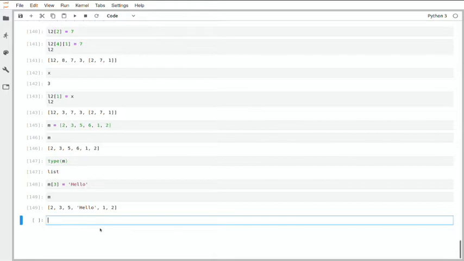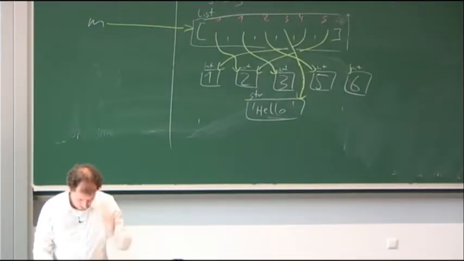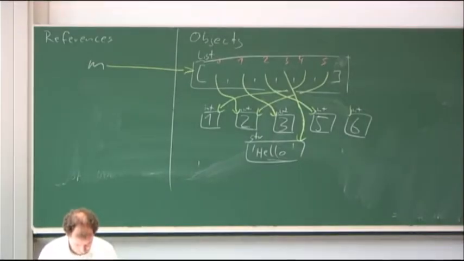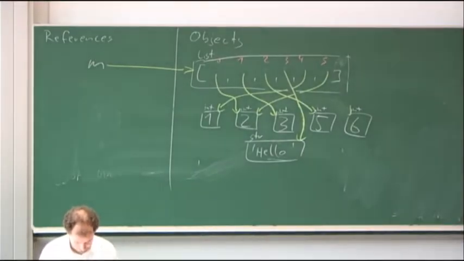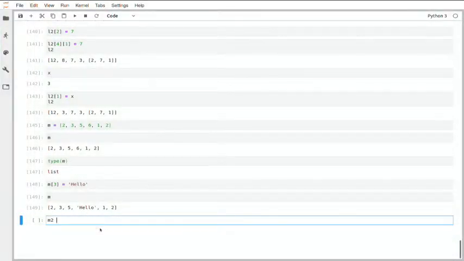And list elements can even be other lists. So we can create a new list. One funny thing that we could do is we can create a new list M2. And we can convert, tell me if you're too confused, right? But we can convert this string hello to a list. You can say list of hello.